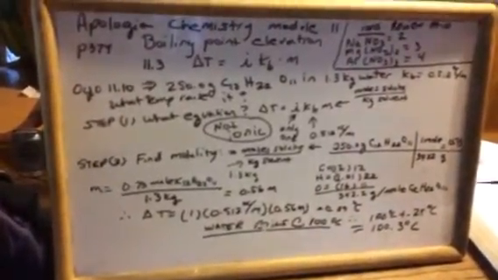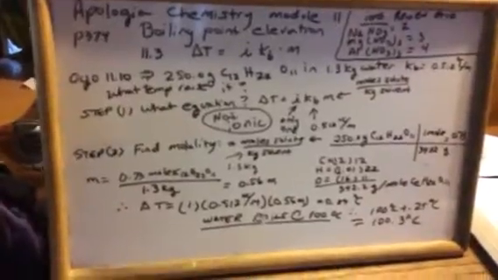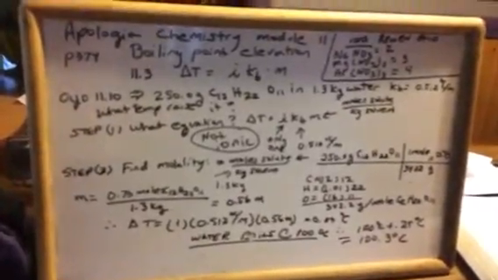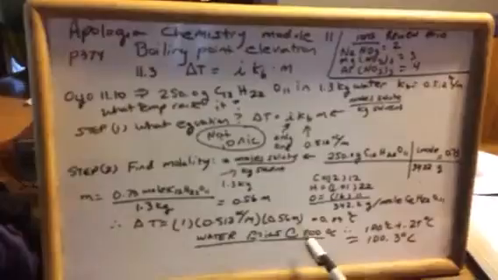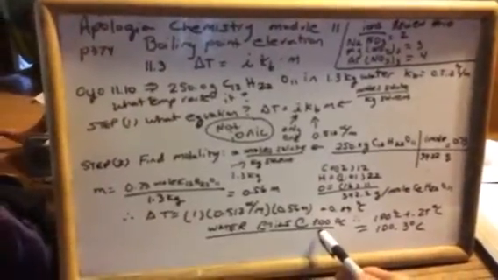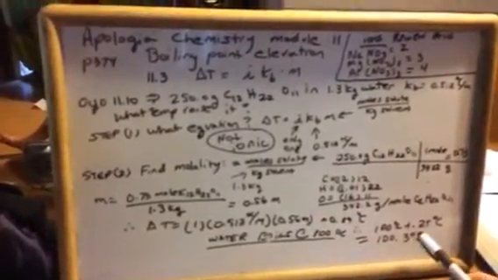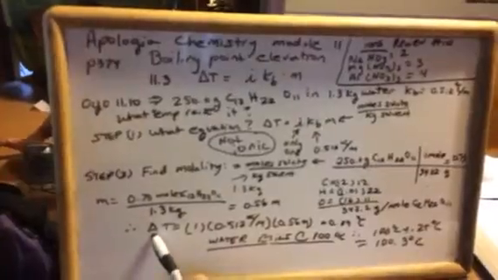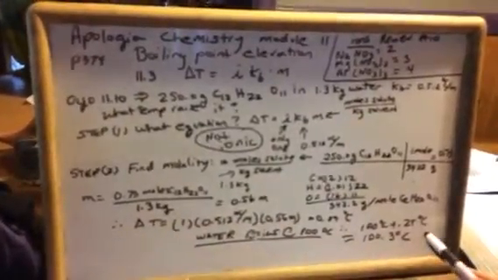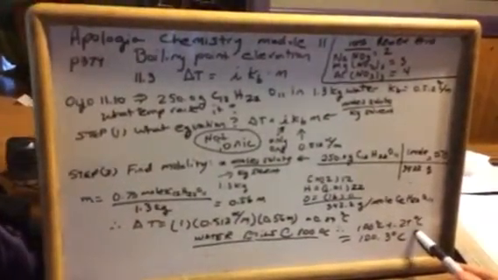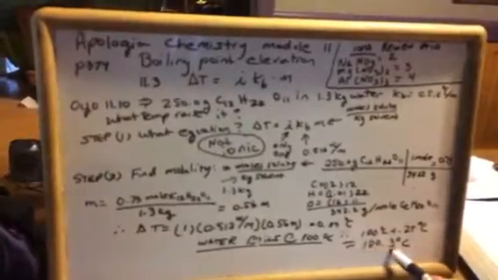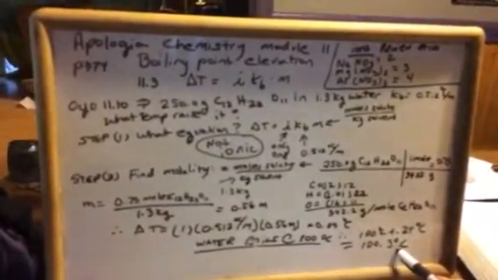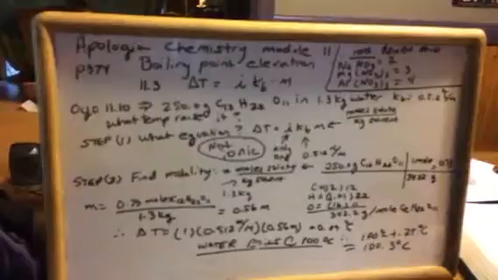Now, but that isn't what the question asks. The question says, to what temperature would you have to raise it? So we know that water boils at 100 degrees C. That's something we're supposed to memorize. And if we add that change in temperature, delta T, of 0.29 degrees C and round it, we find that the actual temperature is 100.3 degrees C.